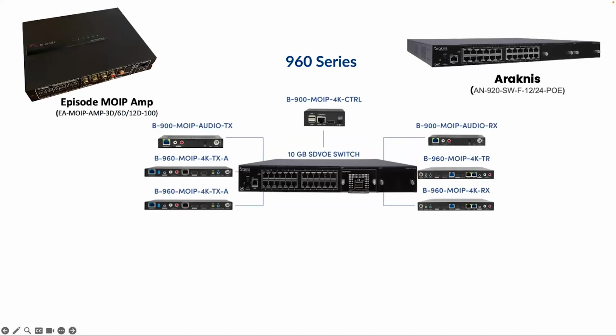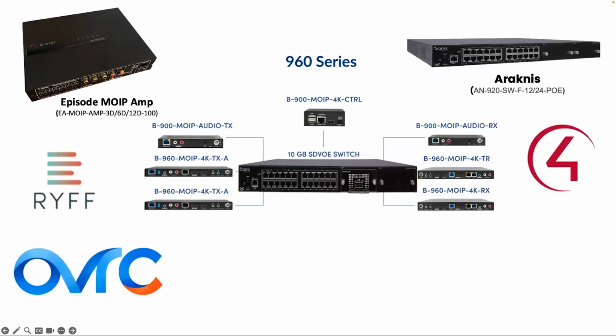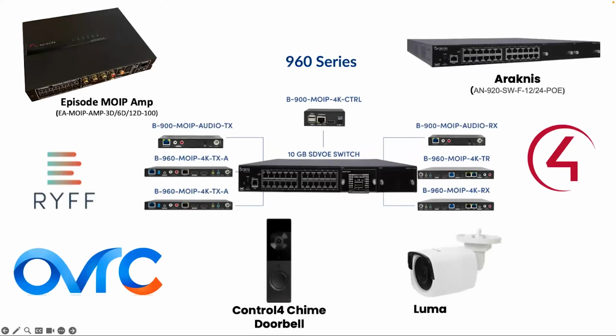The Episode amp takes care of the audio receiver job, plus powering the speakers. And then the evolution from the 900 ecosystem to the current ecosystem is that it's still compatible with Riff, Oversee, and Control4, but we have expanded compatible Snap One brands and products, mainly surveillance integration.